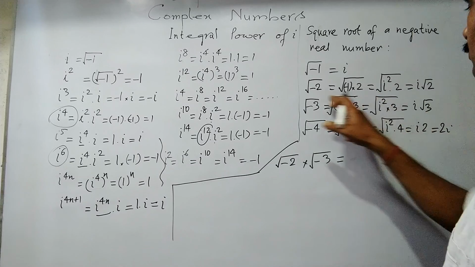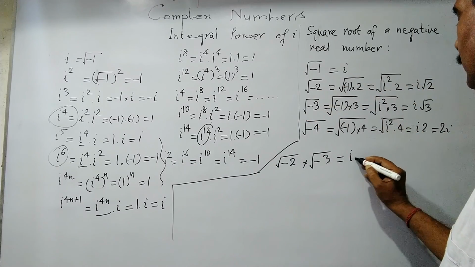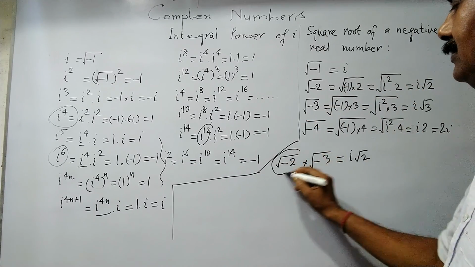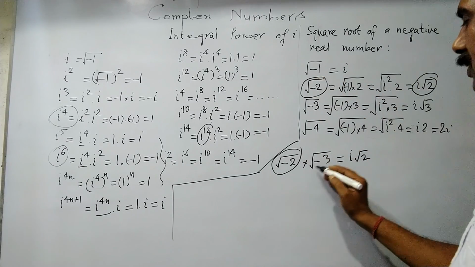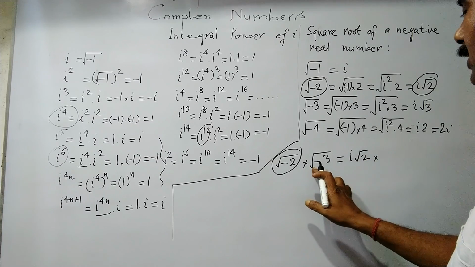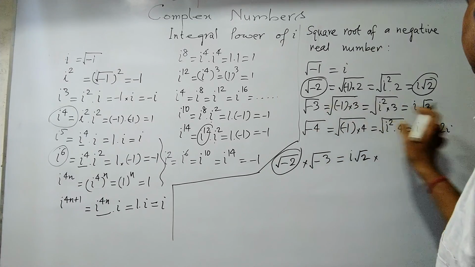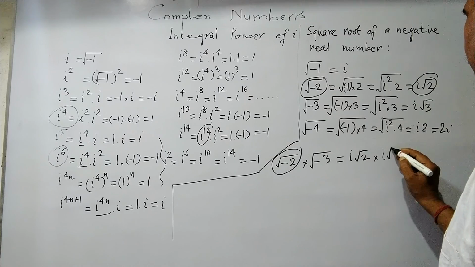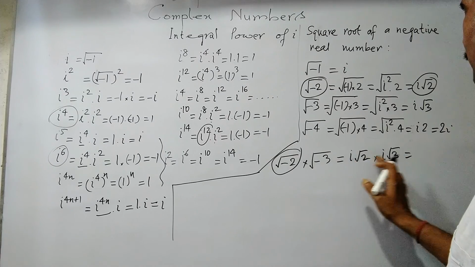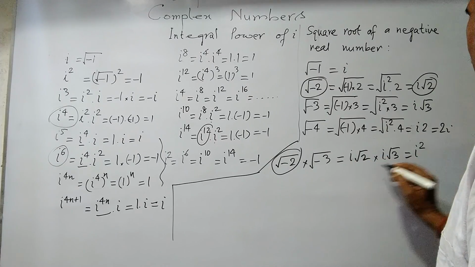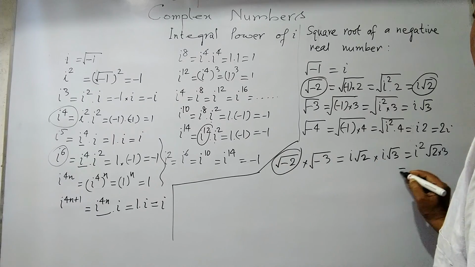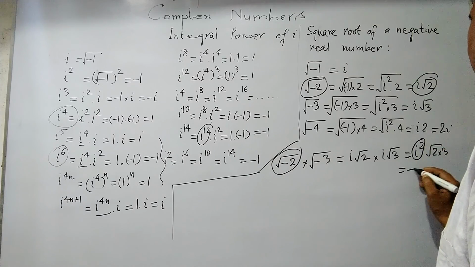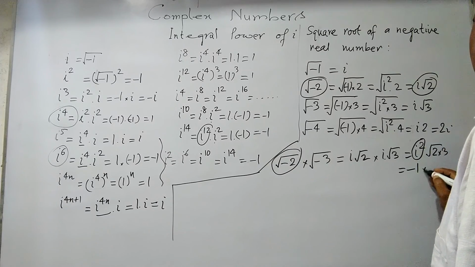Root under minus 2 is equal to i root 2. We took the value from here and wrote it directly. Now from here, root minus 3 is i root 3. Then this is what? i into i, which is i square, and root 2 into root 3. That is, i square is minus 1, and this is now 6, that is minus 6.